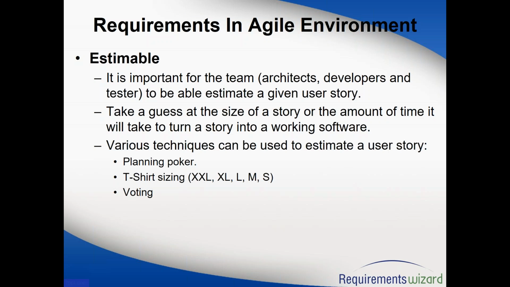And they will have definitions around what XXL, XL, large, medium, and small mean, so that they can estimate. So for XXL, they may say that anything which will take us 3 weeks will be XXL. XL will be 2 weeks. Large will be 1 week. Medium will be 3 days. Small will be maybe 2 days or 1 day. So based on that, they will do an estimation.